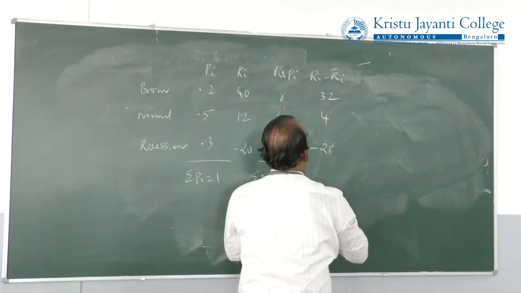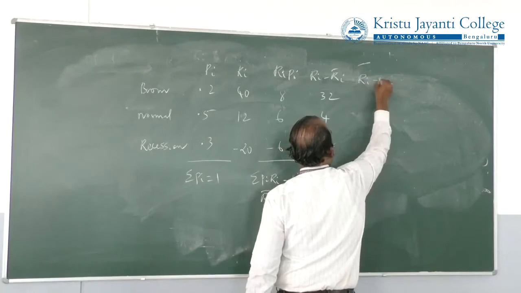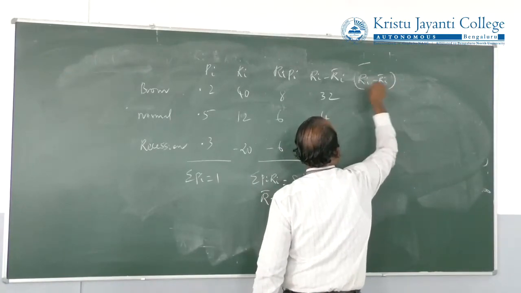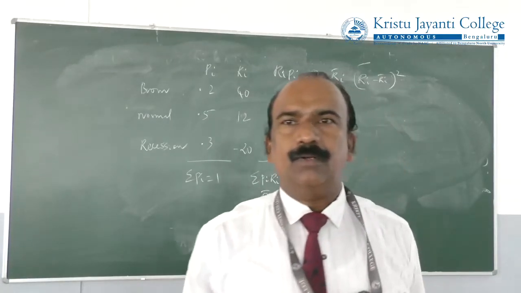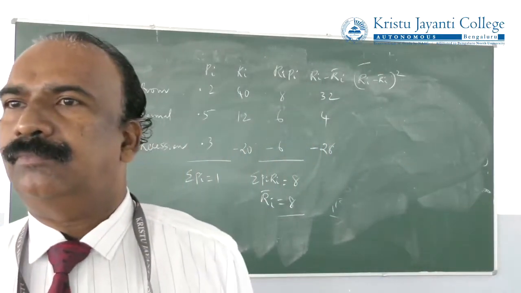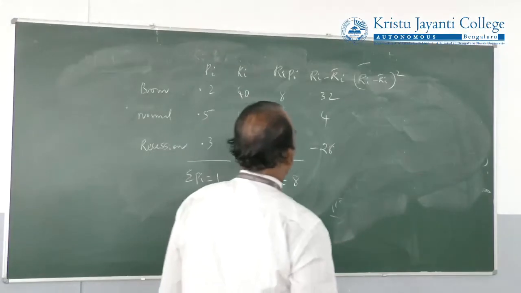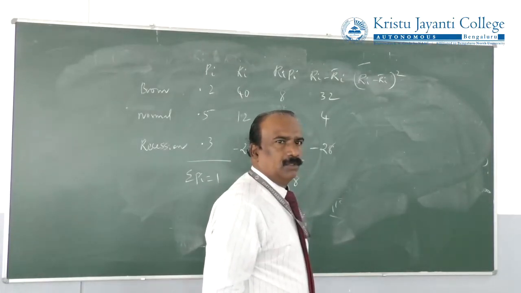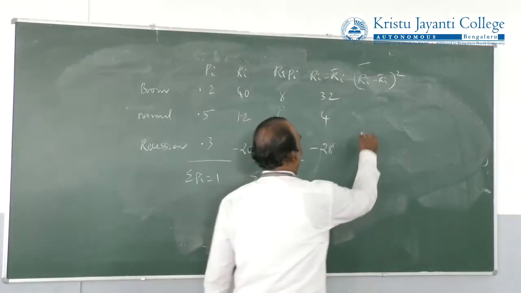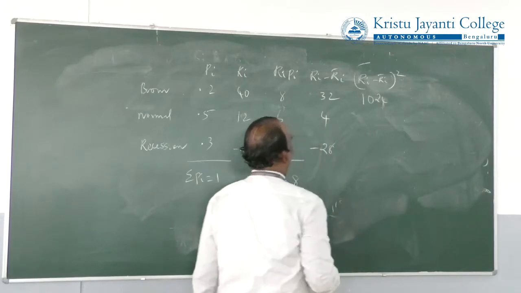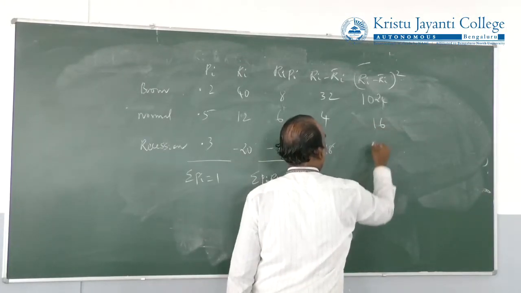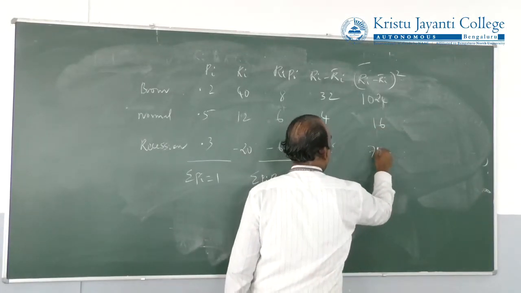Square root of Ri minus R bar, whole square. 32 into 32 is 1024. 4 squared is 16. 28 squared is 784.